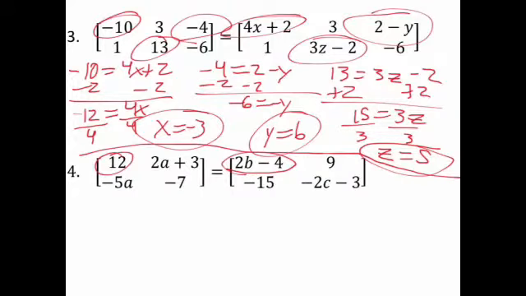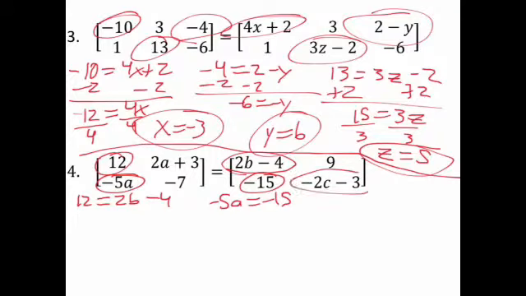This 12 equals 2b minus 4. And I have 2a plus 3 is going to equal 9. Actually, you know what? I'm not going to do that one, because right here I have negative 5a is going to equal negative 15. And that's a smaller equation, and I just want to deal with the smaller one.